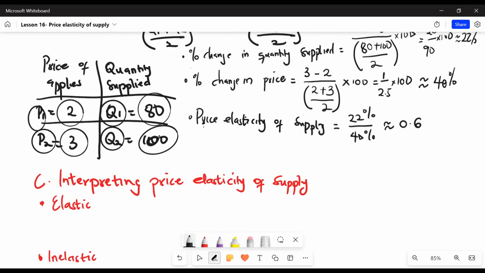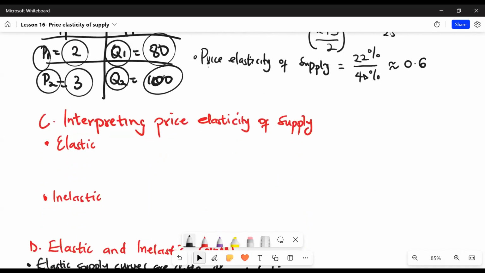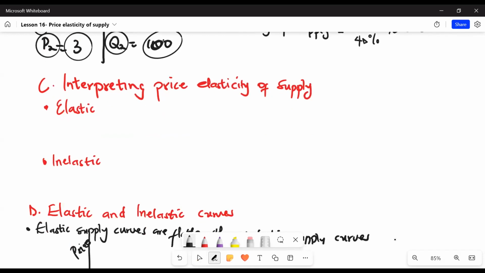Now to interpret price elasticity of supply, we can either have elastic or inelastic supply. When the price elasticity of supply is elastic, it means that quantity supplied is relatively more responsive to a change in price.